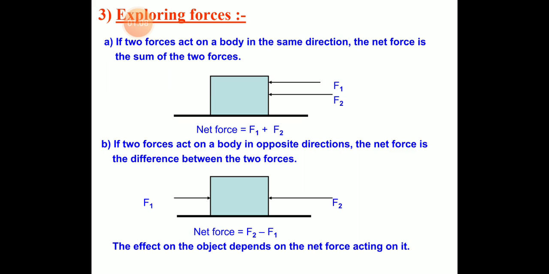If two forces act on a body in the same direction, F1 is acting in one direction and F2 is also acting in the same direction, so the net force will be the sum of the two forces, F1 and F2.